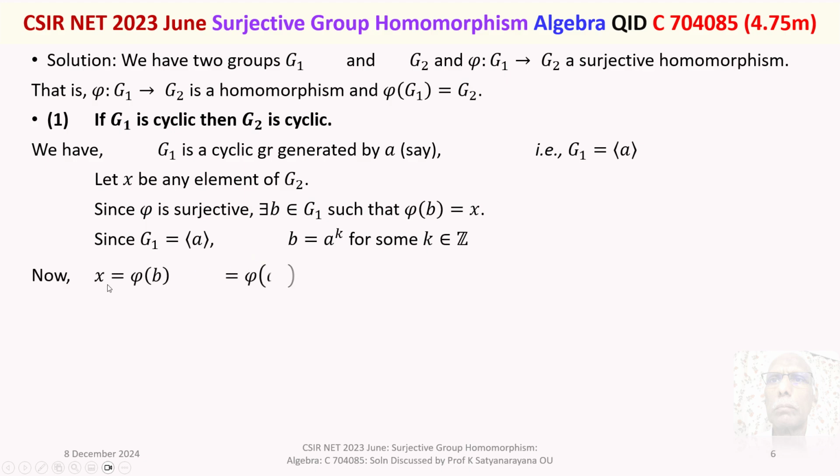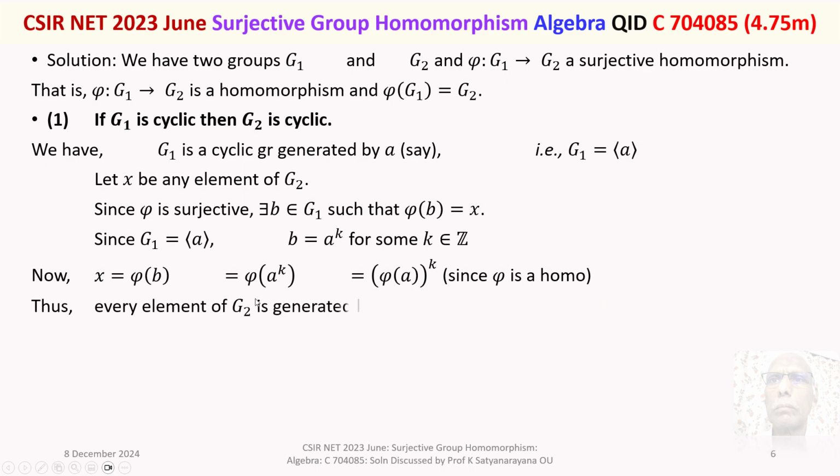So now x is equal to phi of B, that is phi of A power k. Applying the homomorphism, phi of A multiplied k times is phi of A multiplied by phi of A, k times. That is phi of A whole to the power of k, because phi is a homomorphism.